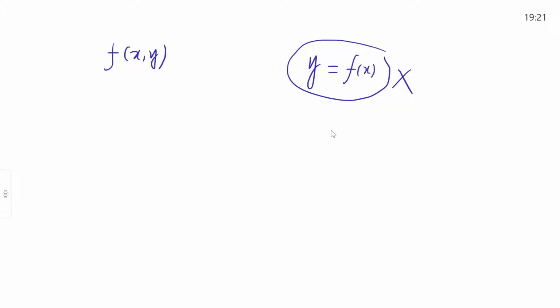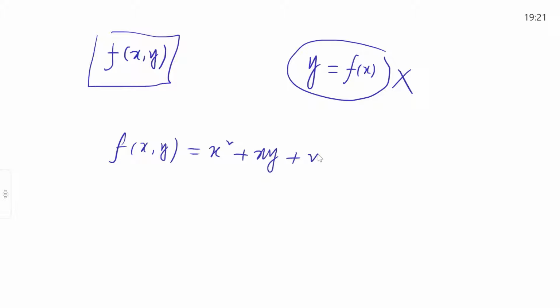In the case of a homogeneous function, the expression of the function has both x and y present. As in, say, f of x y is equal to x square plus x y plus y square.